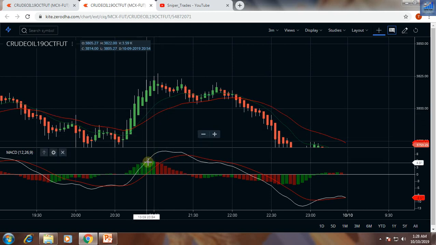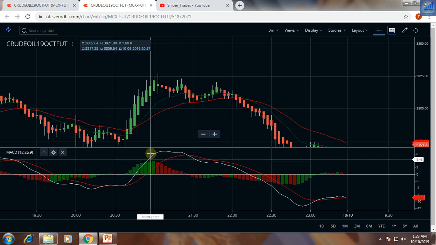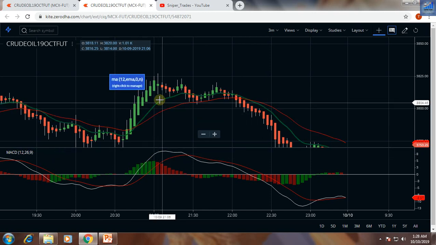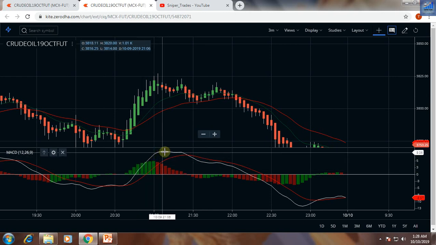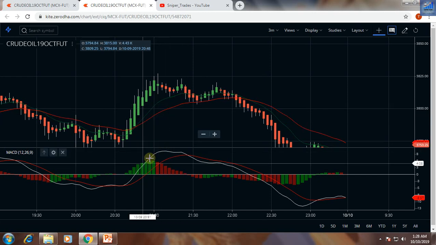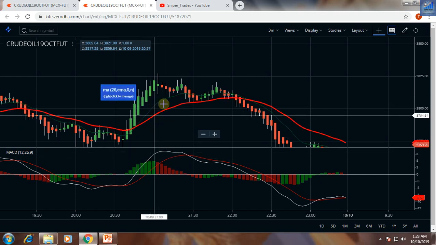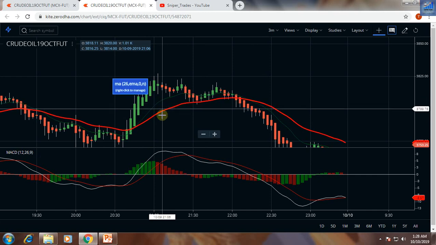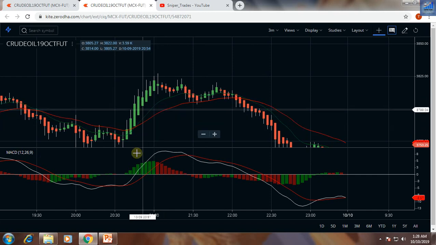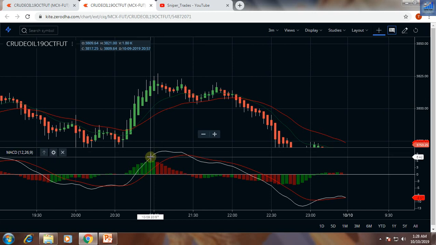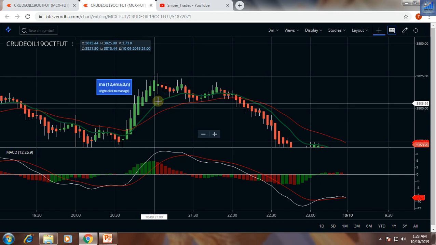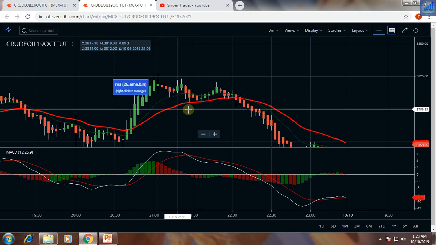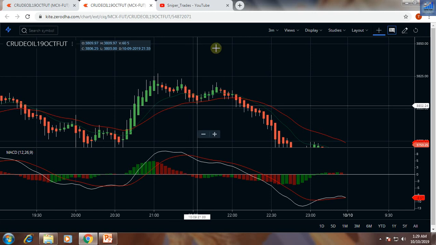So this white line in this MACD indicator is nothing but a combination of these two moving averages, the green and red lines. I will show you how this white line is formed. This white line is the calculation of the difference between the red line and the green line. The calculation is as follows. This white line is calculated as the 12 period exponential moving average, that is the green line, minus the 26 period exponential moving average, that is the red line.